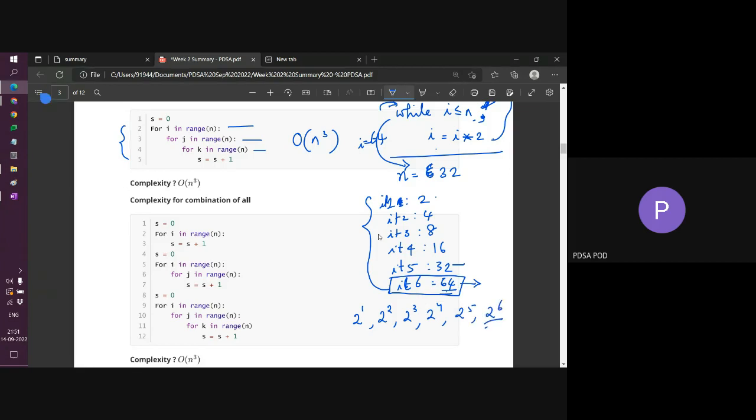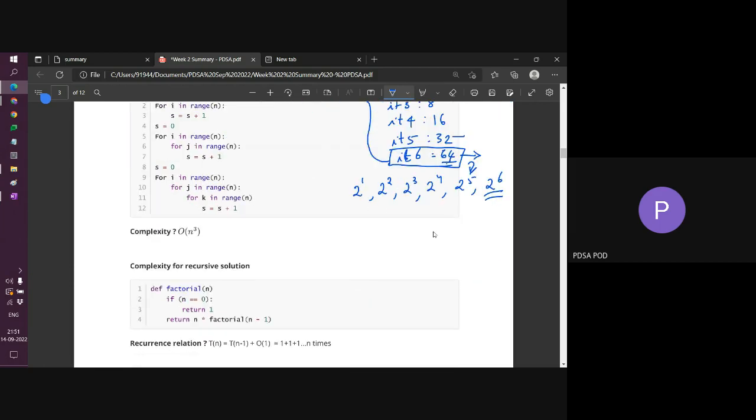So when it is 2 power 6 is when it is exiting, correct? If the value of n is 2 power 5, then it will execute 6 times, correct? Yes, ma'am. So if n equals 2 power k, it will execute for k plus 1 times.